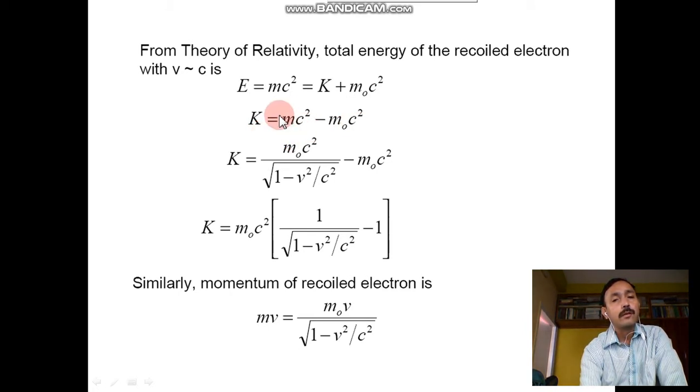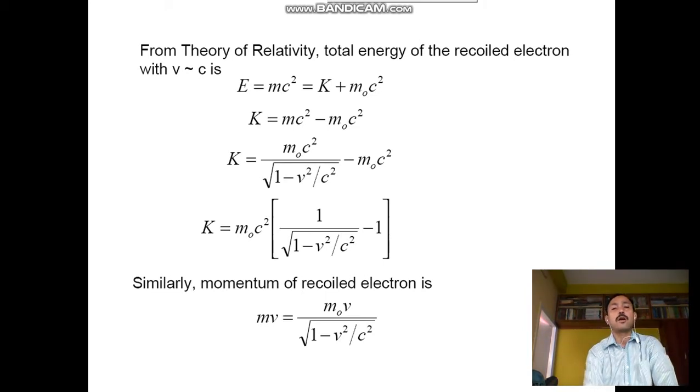So putting the value of m is equal to m naught by root over 1 minus v square by c square, it is relativistic mass. So K is equal to m naught c square by root over 1 minus v square by c square minus m naught c square. Taking common m naught c square, this becomes 1 by root over 1 minus v square by c square minus 1. Similarly, the momentum of the recoiled electron is mv is equal to m naught v by root over 1 minus v square by c square.